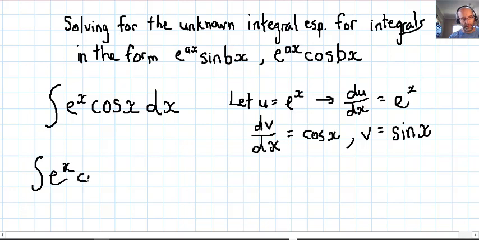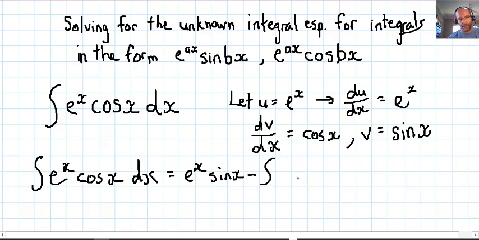So e to the x cos x dx. Okay, so the uv part is e to the x sine x minus the integral of e to the x. So we're doing the v du dx, so it's e to the x sine x dx.